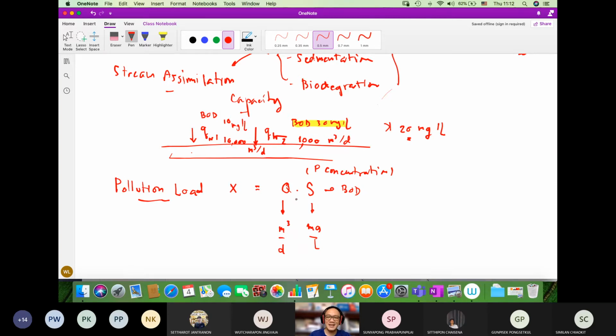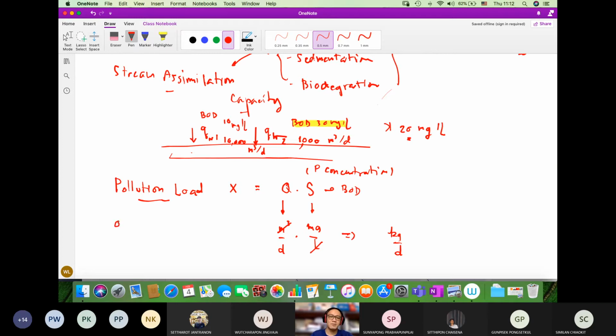So if I take Q times S, what will happen? This is a volume, and this is also a volume, so I can finally report this term in kilograms per day. This term is typically called the pollution load.